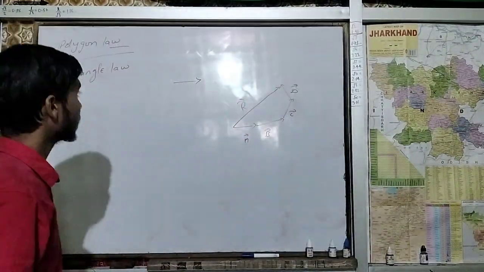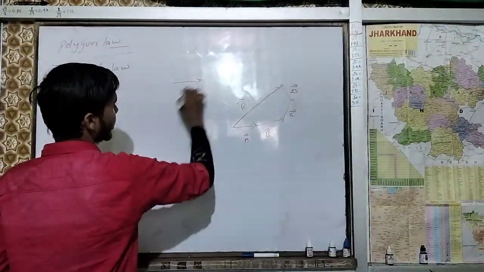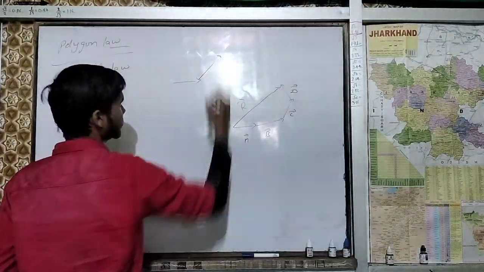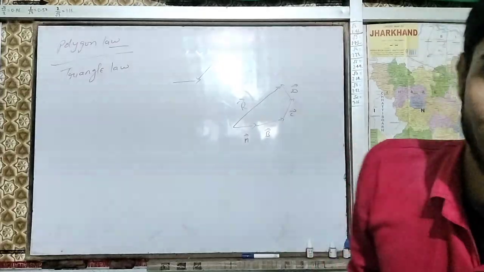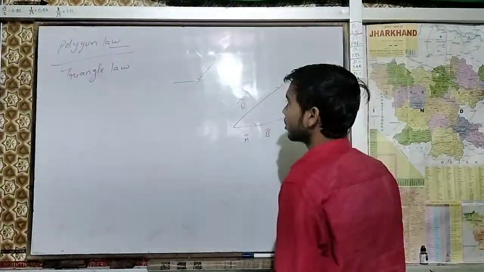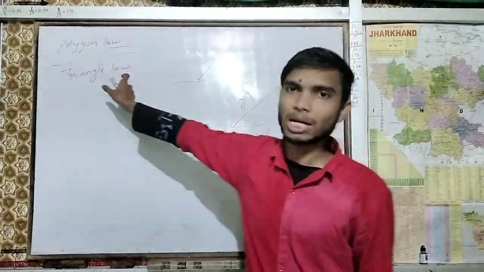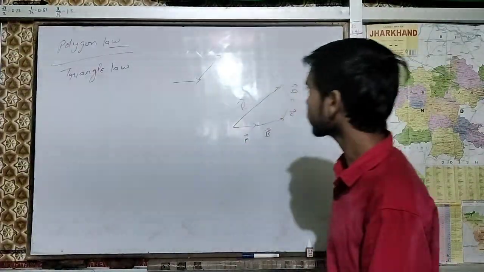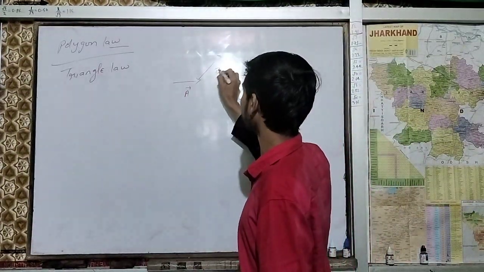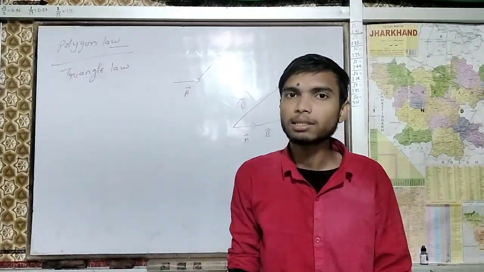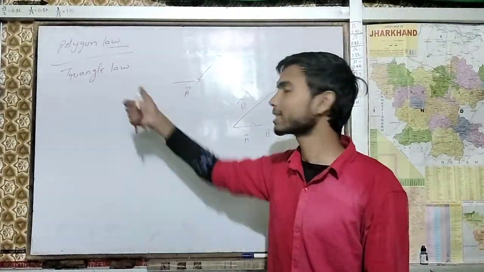This is a vector and another is like that. Do you know how to shift any vector parallelly? I will tell you. We are talking about a triangle right now. This is one vector which is the A vector. Okay, this is another which is the B vector. What will be the resultant vector in this case?